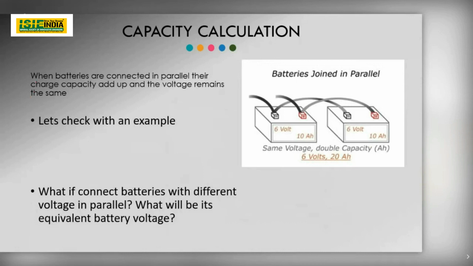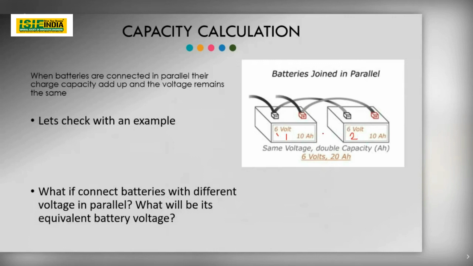capacity calculation? When batteries are connected in parallel, their charge capacity adds up while their voltage remains the same. So let's check with an example. Here are two batteries, battery 1 with 6 volt and 10 Ah, and battery 2 with 6 volt and 10 Ah.